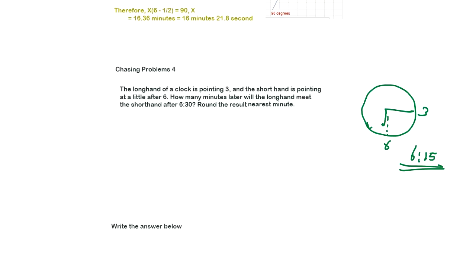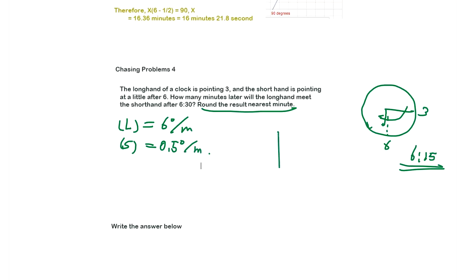How many minutes later will the long hand meet the short hand after 6:30? After 6:30, yeah, the long hand comes. It's going to be after 6:30. Round to the nearest. Okay, so the same thing. The long hand speed, from the previous question, we know is 6 degrees per minute. The short hand speed is 0.5 degree per minute, right?